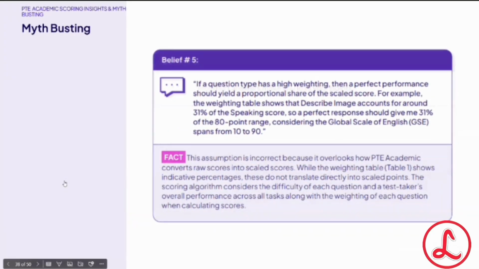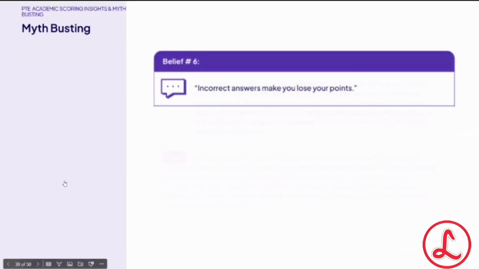Skipping over these ones because this one came up this morning, so I wanted to make sure we covered it with this group as well. What do you think? Do incorrect answers make you lose points on PTE? If anybody wants to answer in the chat? I got this question this morning, and so I bet other people have the same question as well.